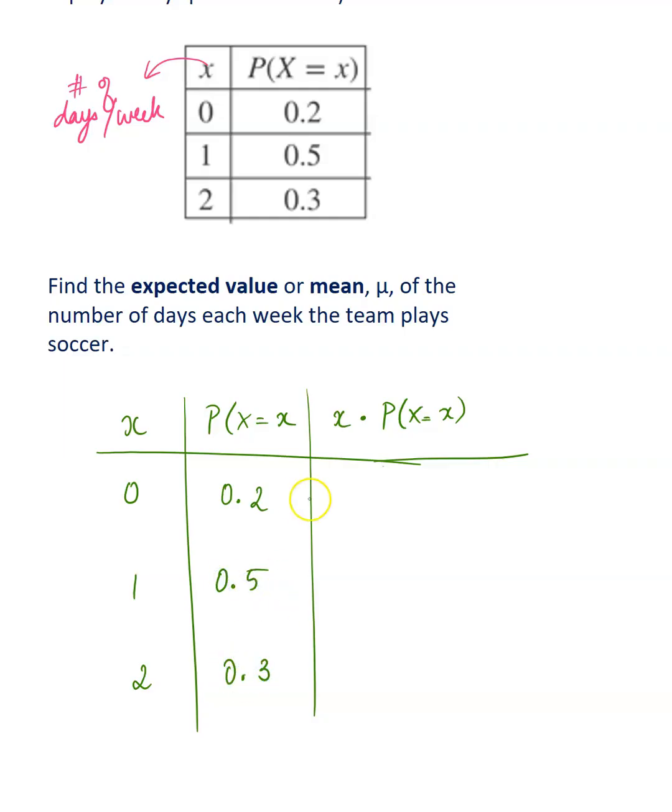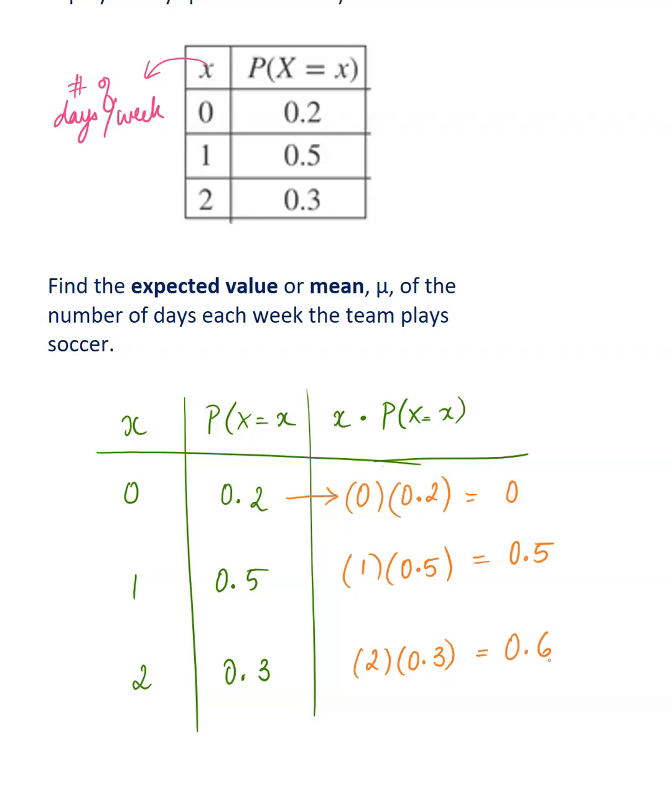So this column would be 0. I don't want to put another dot because you have decimal numbers, so I'll use parentheses to show the multiplication. So that gives us 0 here. This is going to be 0.5. And this is going to be 0.6.